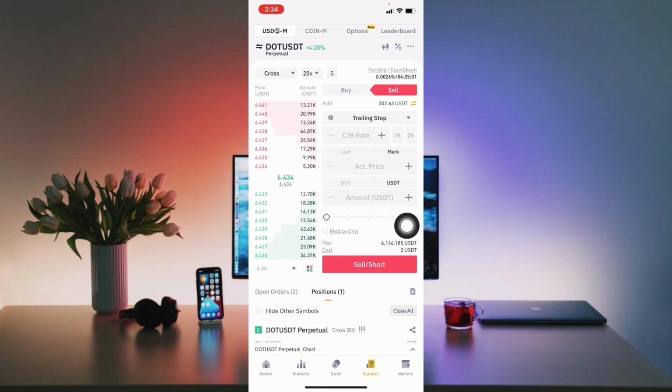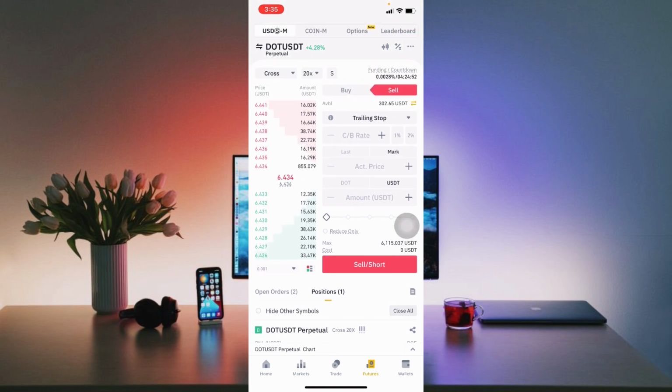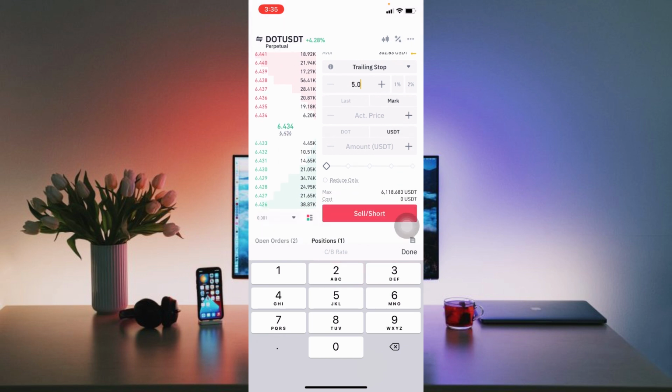So if you want, you can just leave it when the trade is now in profit of, let's say, 50%, then you can use your activation price. So what we want to do is we'll just change this to 5%. So just put 5.0, that means 5%.